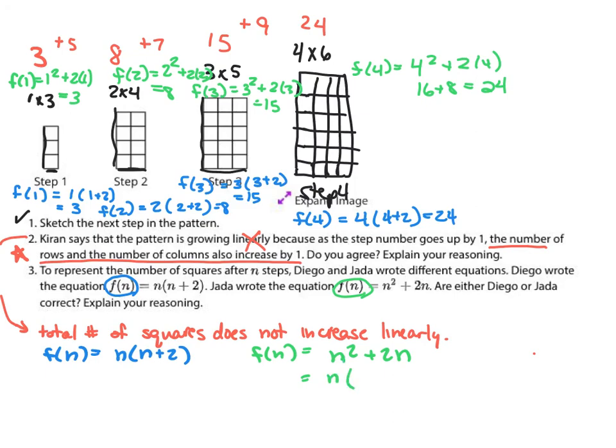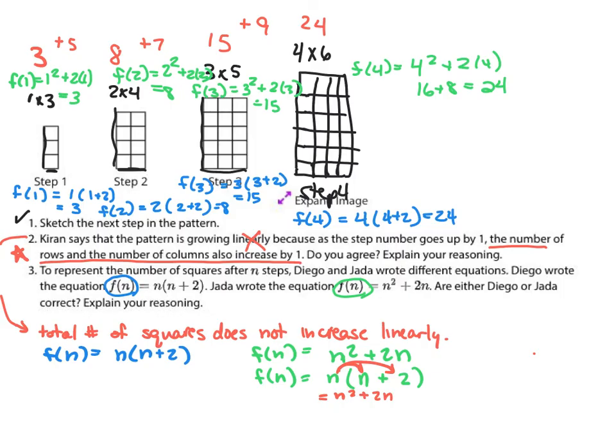I can take an n out of that first term and I have an n left. I can take an n out of that second term and I have a 2 left. Okay, these are equal, which also means that I can distribute this, multiply it across, and I get n squared plus 2n. Okay, they are equal.